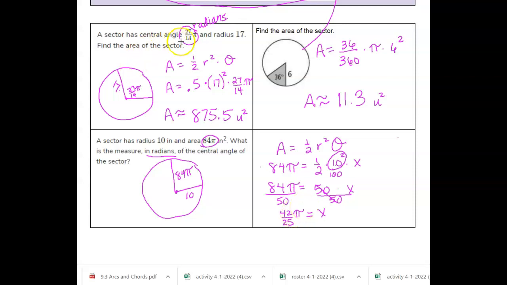Notice when we had that before in radians, we saw a pi, and we see a pi here. 25 divides by 5, and that one doesn't. So this would be the size of the angle, and that's going to be the best answer. If you give me a decimal, I'll accept it, but I prefer this answer.